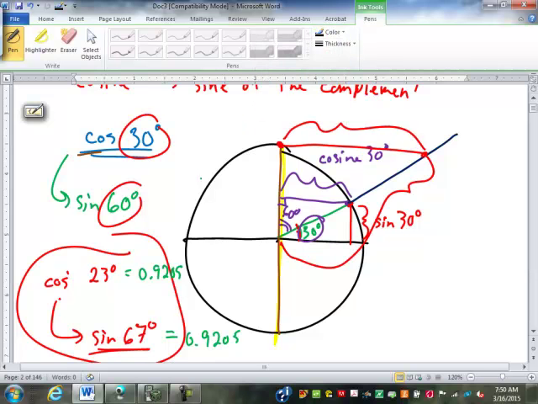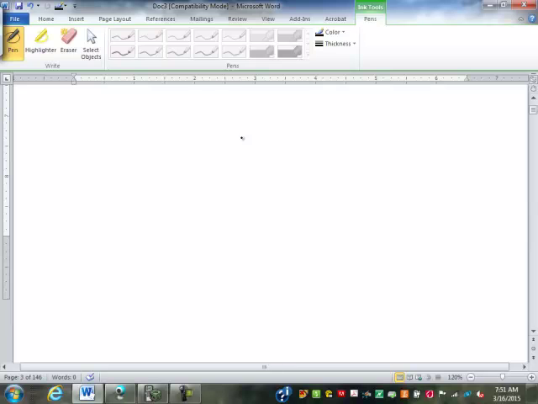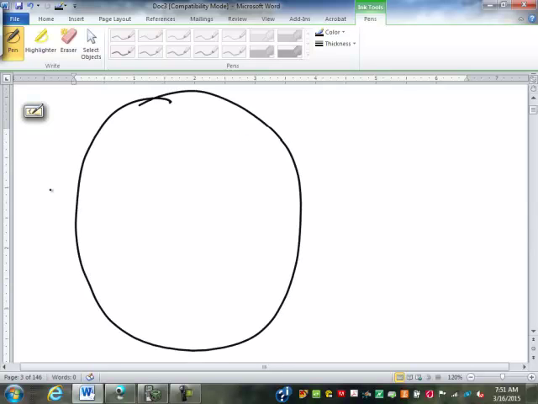So anyway, let's now take a look at just this special little right triangle that's formed here. I'm going to redraw this again. Pretend that looks round again.